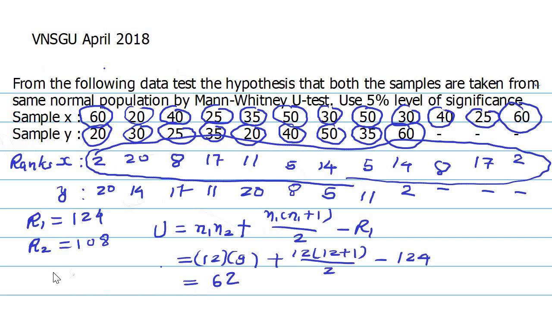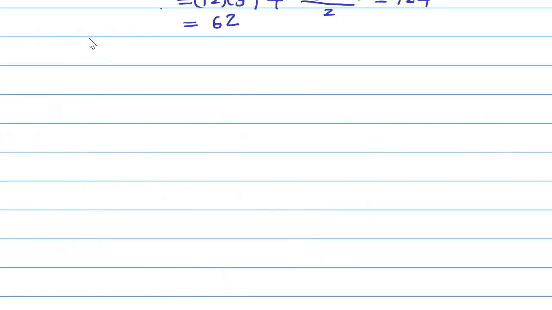You can calculate U complement also by replacing N1 with N2 and R1 with R2, but in real world calculation, calculation of U complement U prime is not necessary. So using U only we can calculate Z. So now I am going to calculate value of Z. How can I calculate Z?